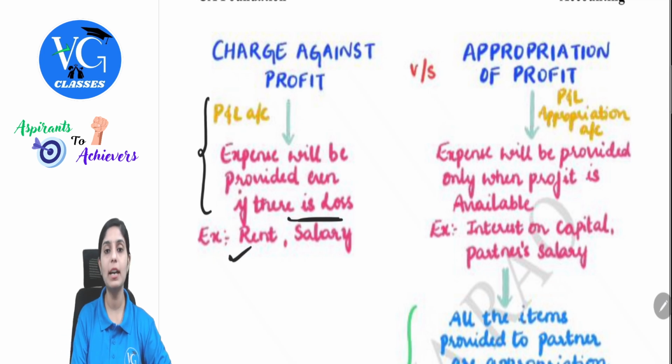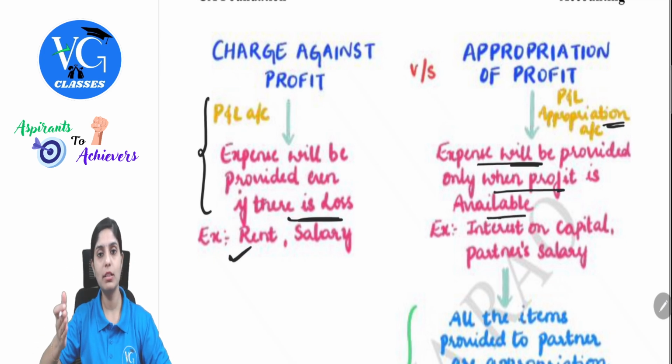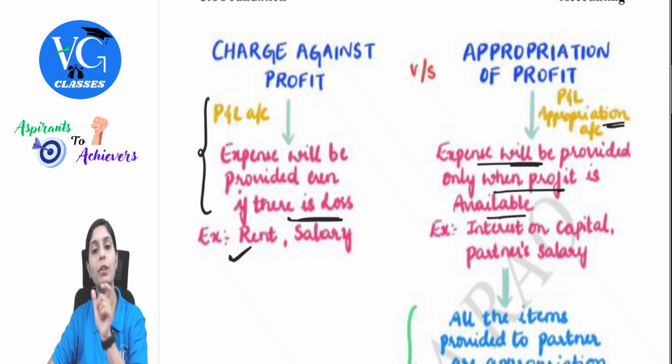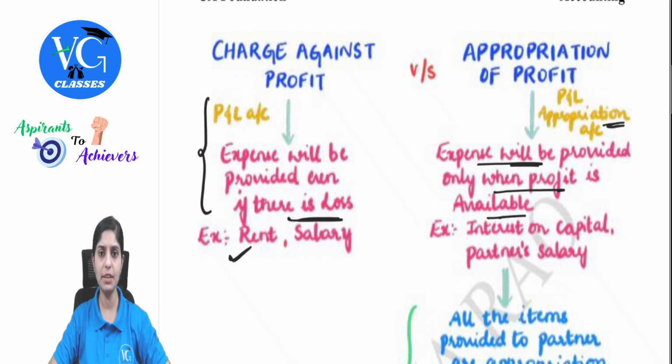Whereas in P&L appropriation account, what it specifies is that expense will be provided only when profit is available. So whatever expenses we just discussed will be provided only if there is sufficient profit available, because anyway this is connected to partners, this is not a business expense.